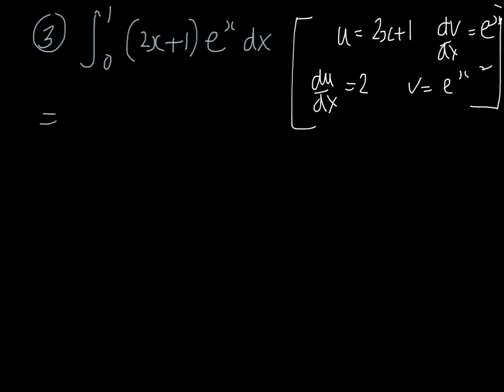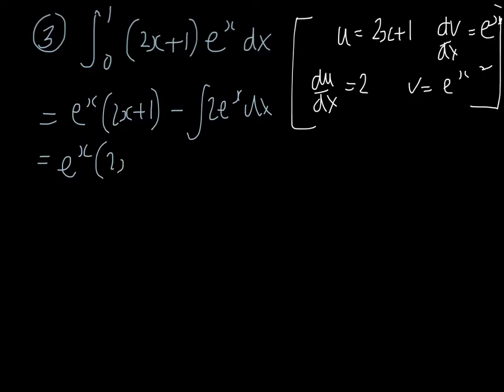Okay, so we've got uv, so that's e to the x times 2x plus 1, and then minus the integral of v du by dx, so the integral of 2 e to the x with respect to x. Okay, so that's e to the x times 2x plus 1, minus the integral of 2e to the x, which is 2e to the x.